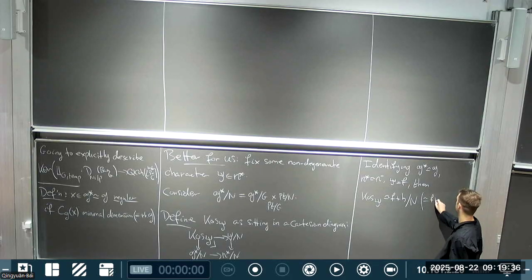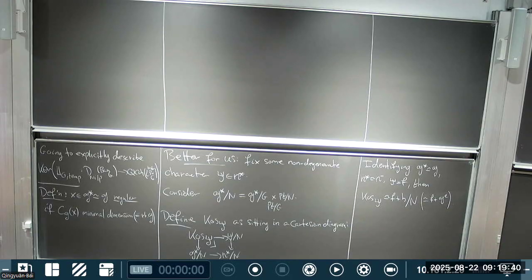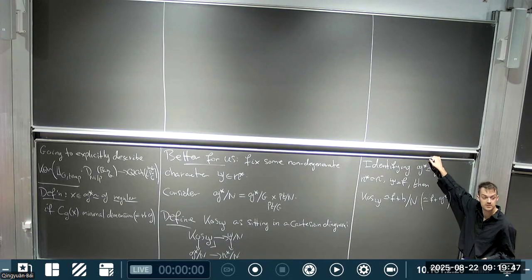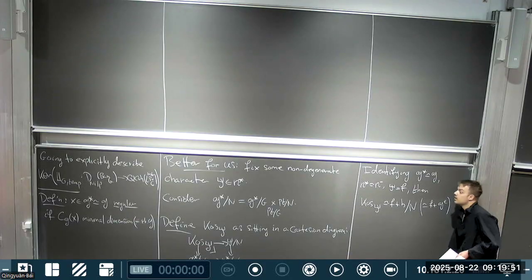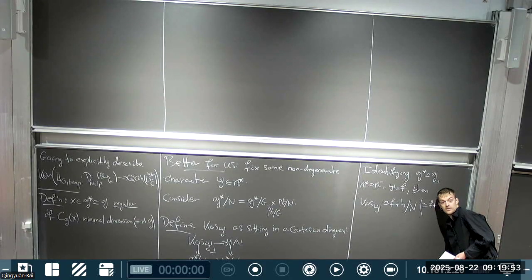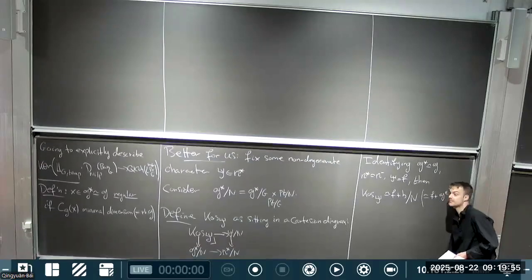This can be identified with F plus the centralizer of some E if you choose some SL2 triple containing it. This is kind of what I've done. It's okay. So is it still just the companion matrix? Yeah, exactly.